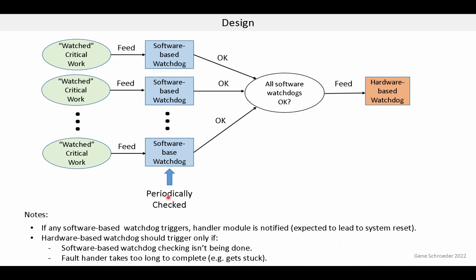But if that happens, then we never reach this condition where we determine that all the software watchdogs are okay. It means we stop feeding the hardware watchdog, and it will eventually reset the MCU because the watchdog system went bad. And again, we hope that the system restarts and everything starts working fine again.